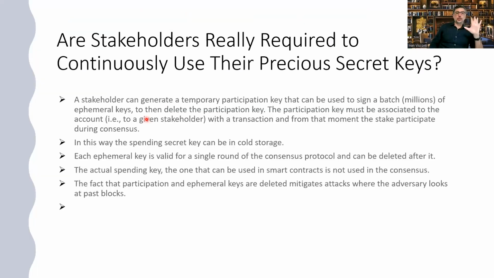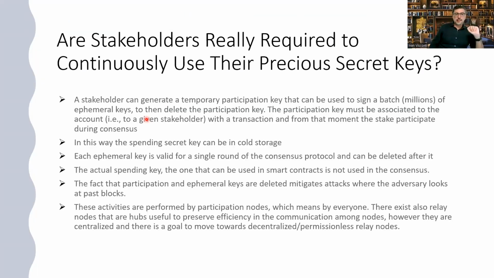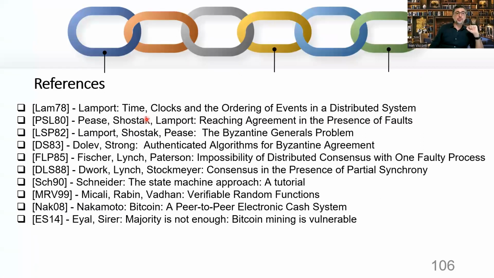All right, so this completes my description, with pros and cons, of this system that you are going to use to develop smart contracts in the next lectures. Here in the last slides I have the references that I mentioned in my slides.